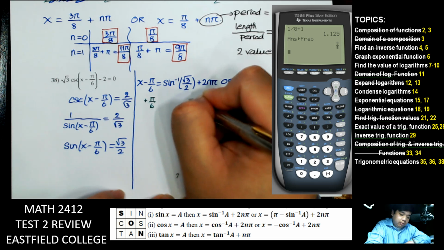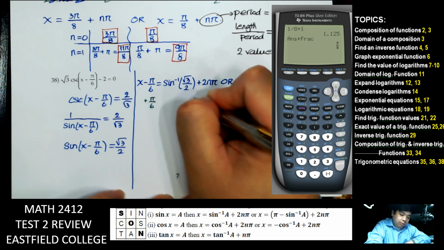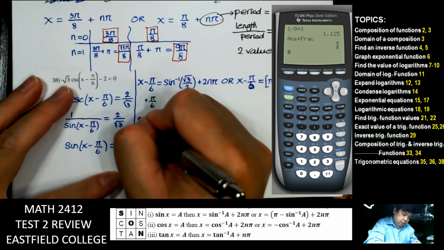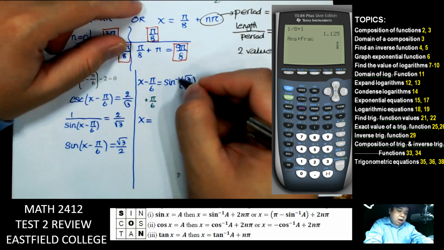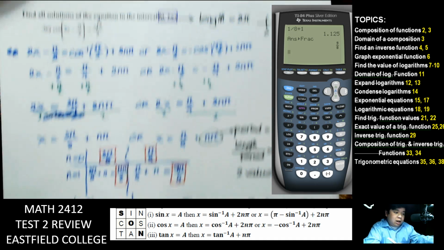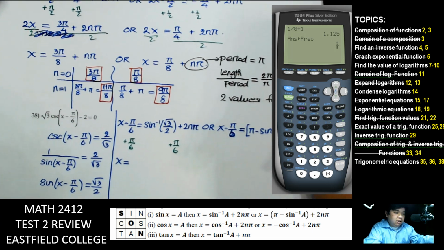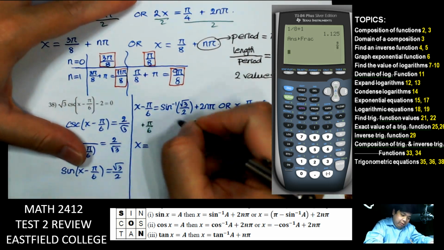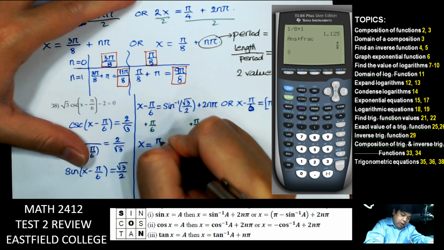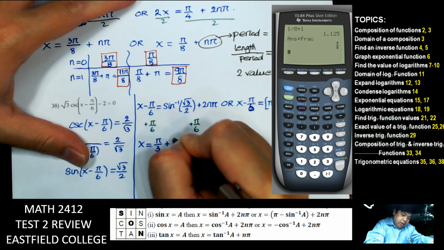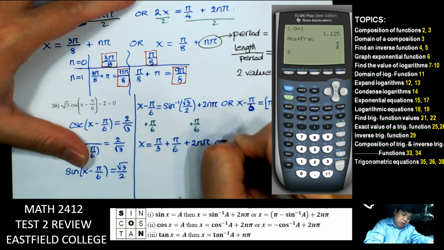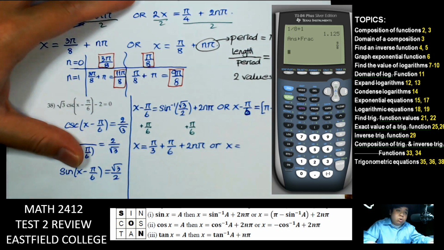So I'm going to add pi over 6 on both sides. Sine inverse of root 3 over 2, I think we did that earlier. That's pi over 3. So I have pi over 3 plus pi over 6 plus 2n pi, or x.